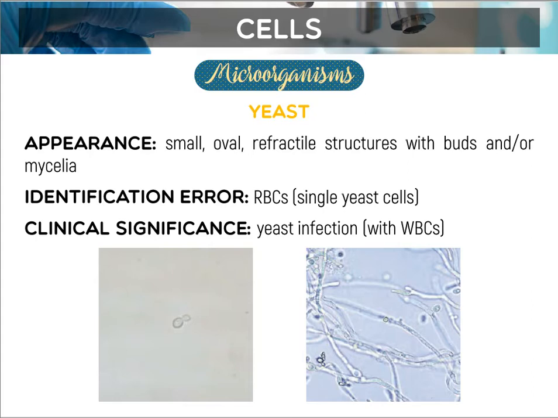To confirm if it is really yeast infection, there must be the presence of WBCs, okay? Primarily, Candida albicans are seen in urine of diabetic patients, immunocompromised patients, and women with vaginal moniliasis, okay? They are reported via rare, few, moderate, many per HPF. Alright, that's how you report your yeast.